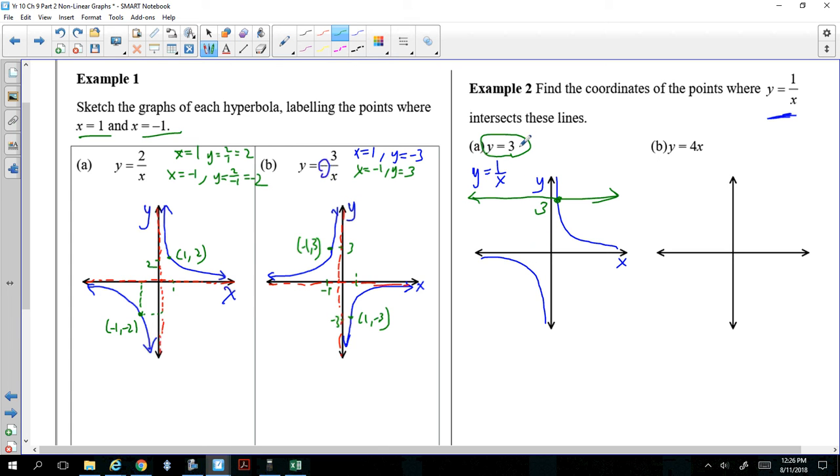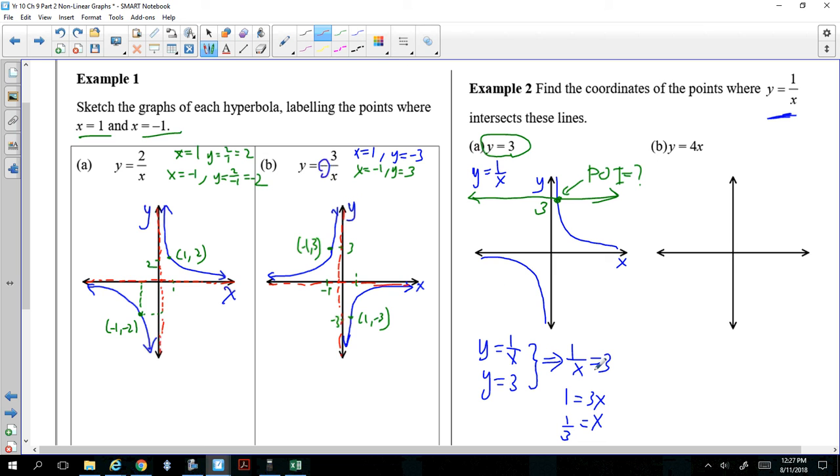So you have to find what that point is, point of intersection. Okay, so how do I find that? We solve them simultaneously. So to solve simultaneously, you just have to make them equal, right? So that means 1 over x equal to 3. Multiply both sides by x, right?